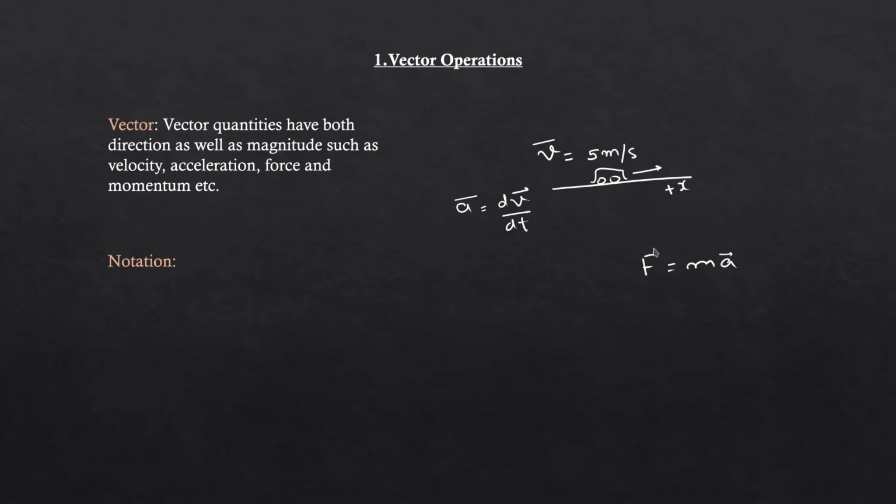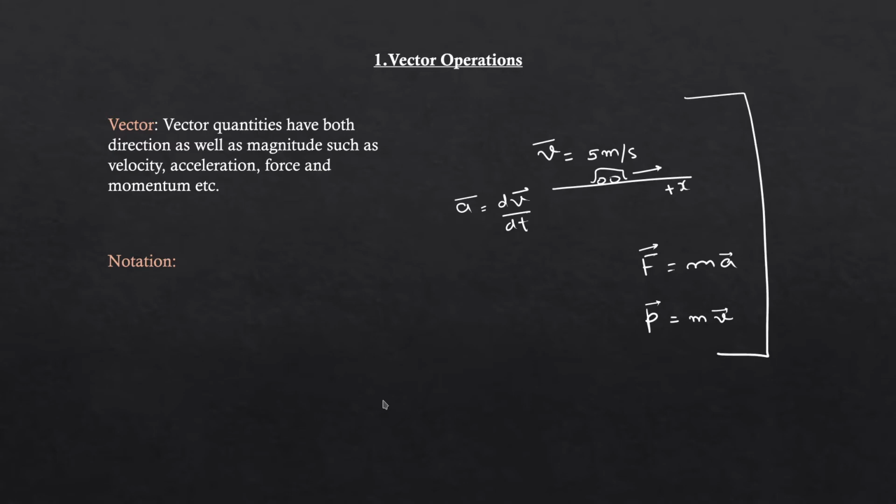Since acceleration is a vector quantity, the force also will be a vector quantity. Momentum is mass multiplied by velocity, so momentum will also be a vector quantity. A vector quantity has a direction and a magnitude, and any quantity derived from a vector quantity is also a vector quantity, like these you have seen here.